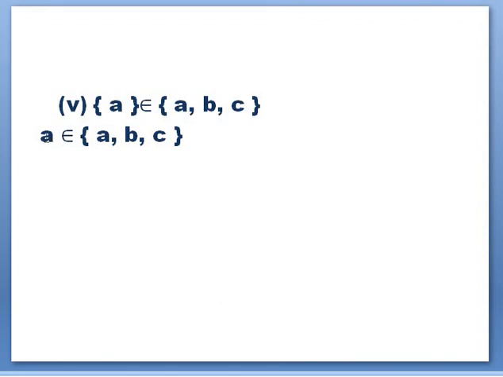Now see, element A belongs to the set A, B, C. And the first statement is set A belongs to the set containing elements A, B, C. Now see, if this must belong to this, then under this set there must be one curly bracket under which the element A will be written. But here only A is given.